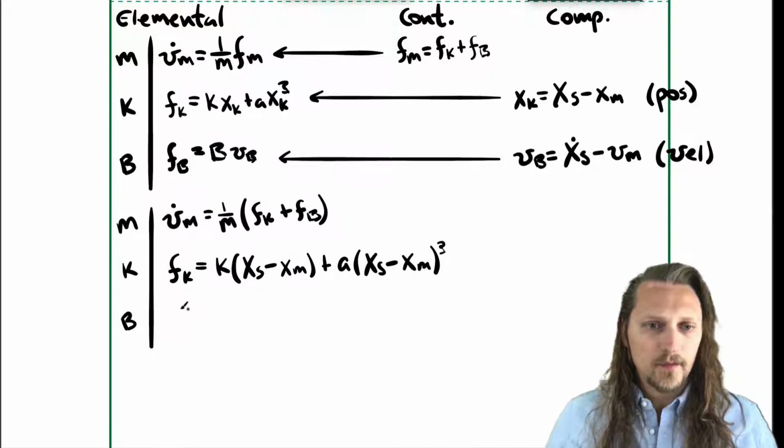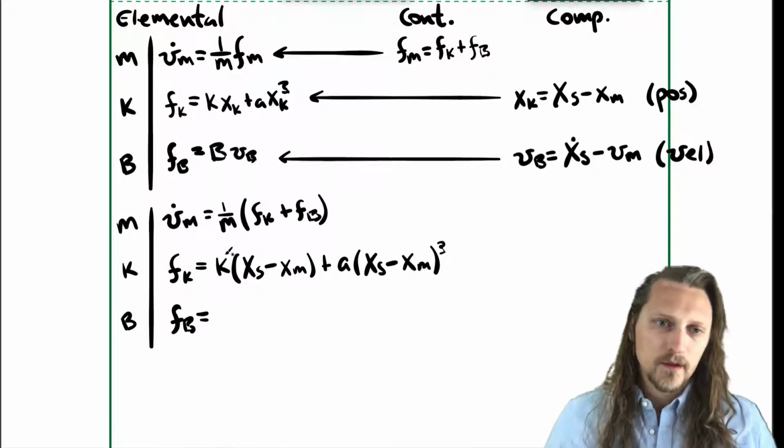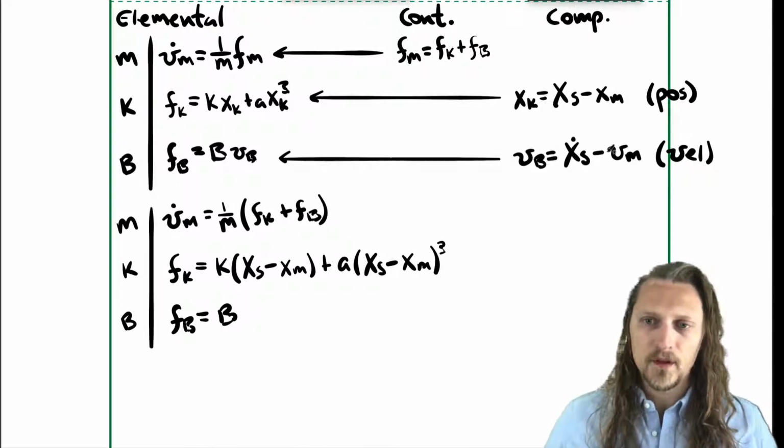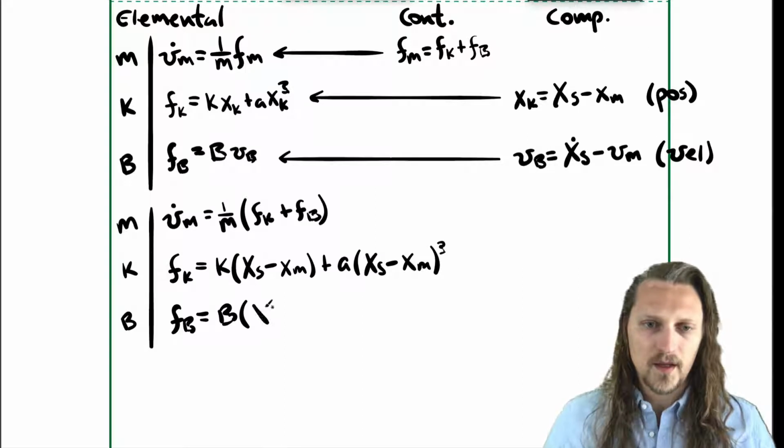Finally, Fb equals b Vb. So instead of Vb, it's going to be xs dot minus Vm.